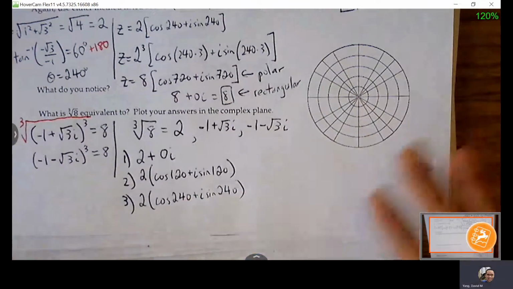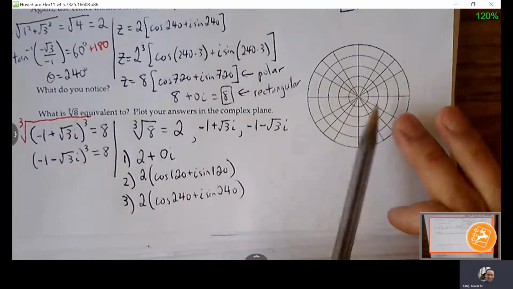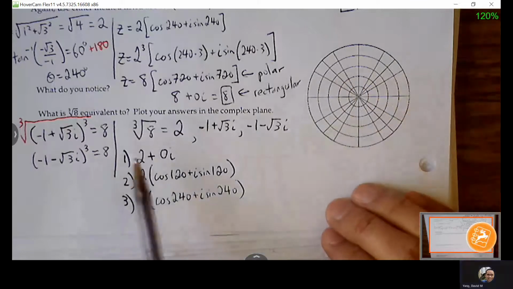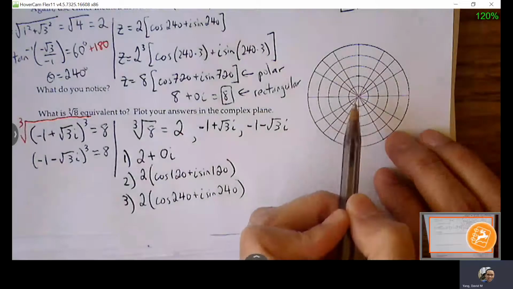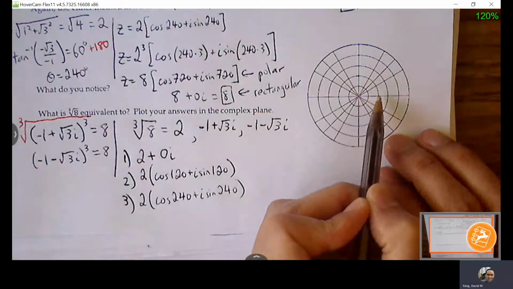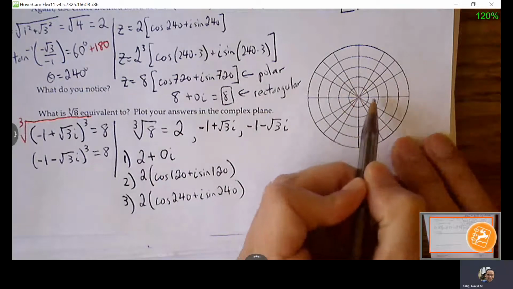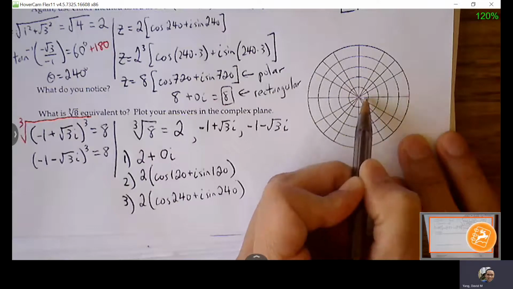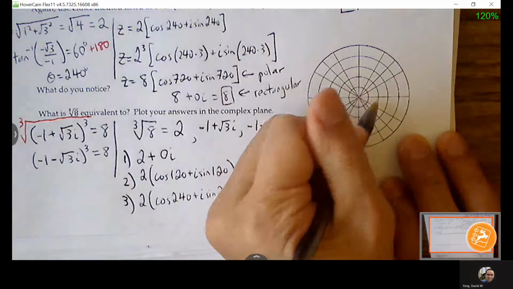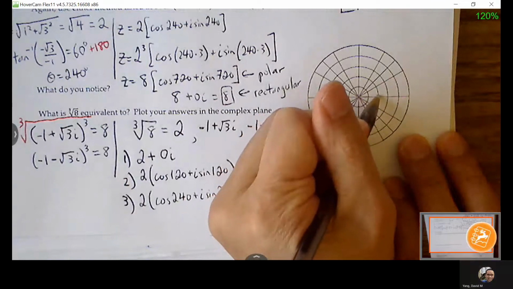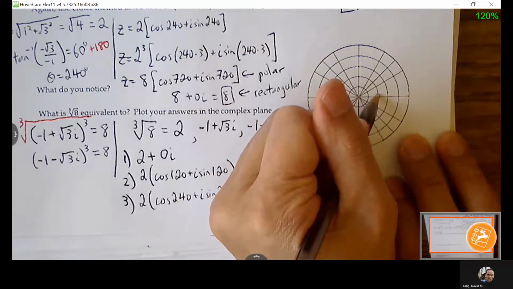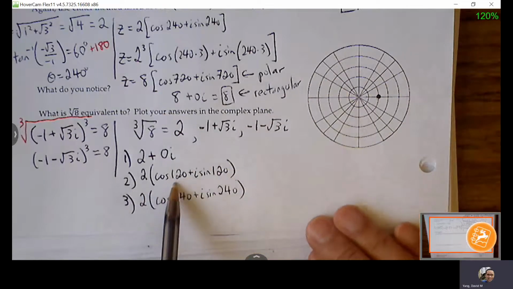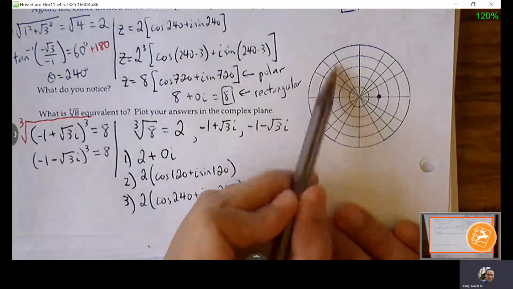Okay, now if you plot these points, you're going to see that they're all going to be the same distance apart from each other. Okay, so 2 plus 0i is going to go 2 units over on the x-axis. I mean, along the 0 degrees. Cosine of 120, we know 120 is over here.